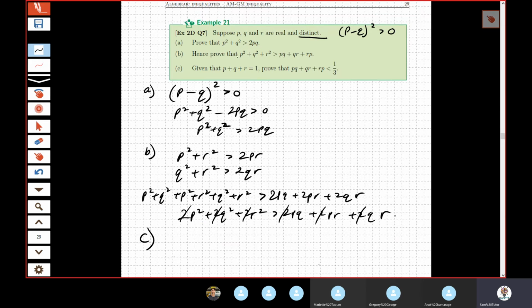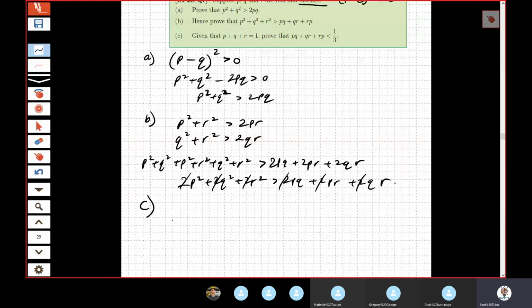No, it's right there. Hence prove this. Given that p plus q plus r is equal to 1, prove that p squared is less than 4. I think I had it the first time.